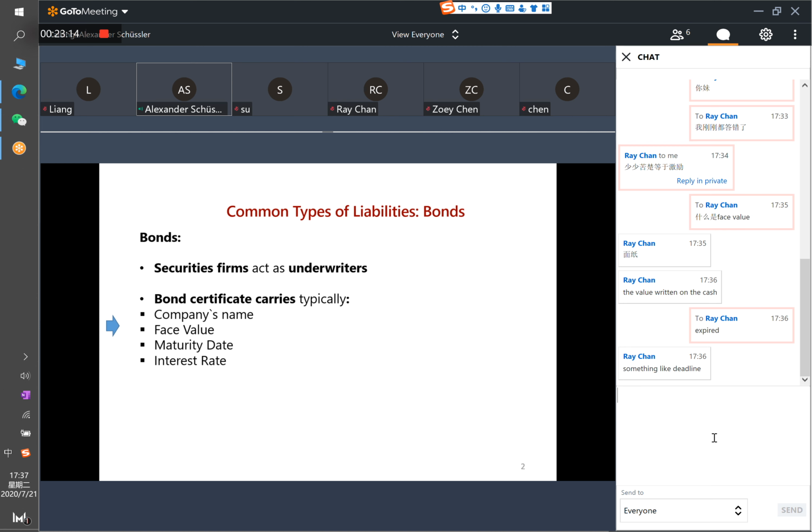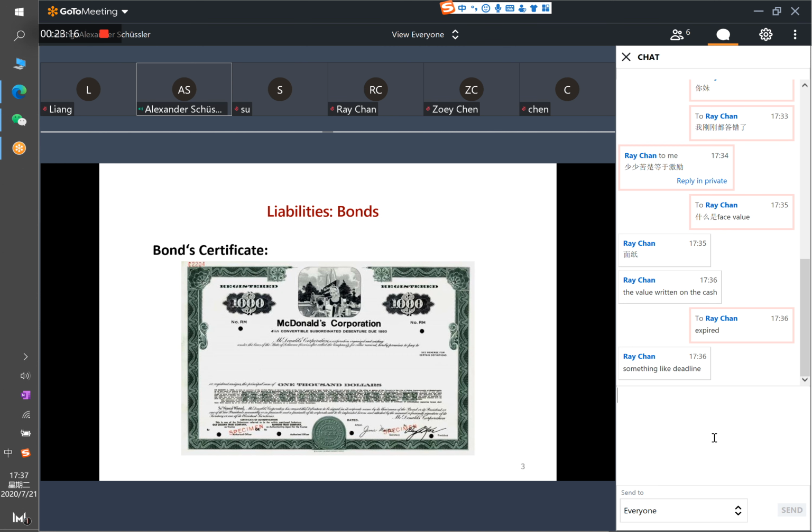So this is a bond certificate. Here you have your interest rate. An interest rate is something like a rental fee on borrowed money.